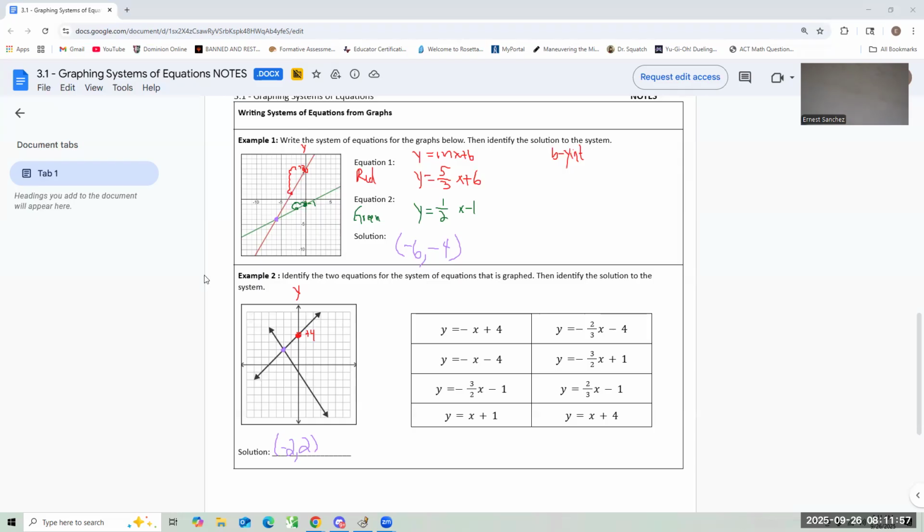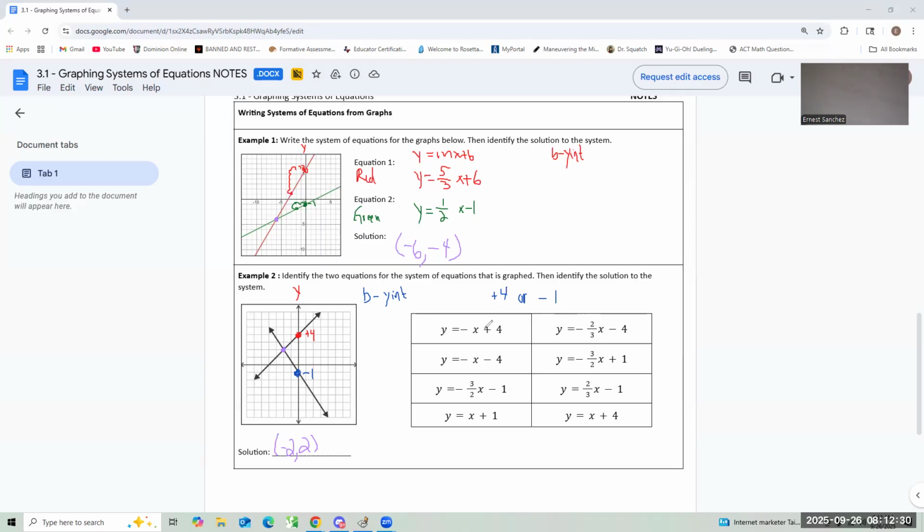And let's take a look at the other one. What point is this bottom one on? Let's see, 0. This is on -1. Remember, the y-intercepts are b, which means either +4 or -1 should be the number at the end. So anything that's not +4, or doesn't have a -1 at the end, we get rid of.